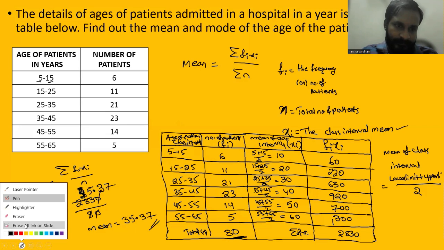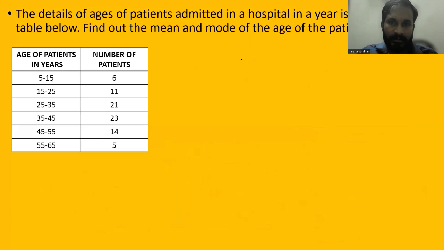Mode. Now I will try to solve the mode. The mode is also a similar thing. Usually mode means the most commonly repeated case, the maximum times. So here in this case, if you observe it carefully, where are the most number of patients, in which age?